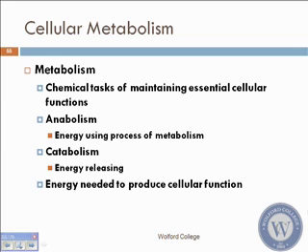When you're talking about plants or animal content, those are cells that have all these proteins, enzymes, everything inside the cytoplasm. And then the digestive system breaks it down, and then we take the essential nutrients that we want, extract it, put it into our bloodstream, and then distribute it evenly to all the cells, and they use it for food. So it's a chemical task of maintaining essential cellular functions.